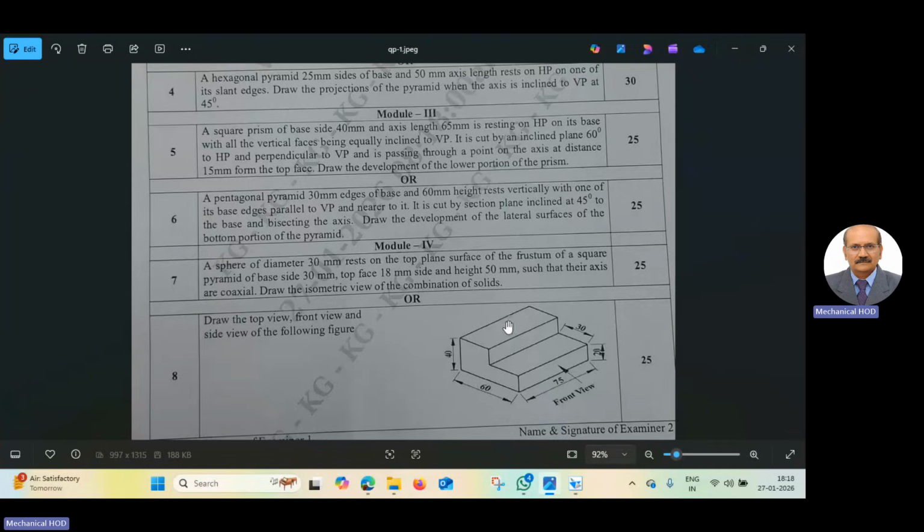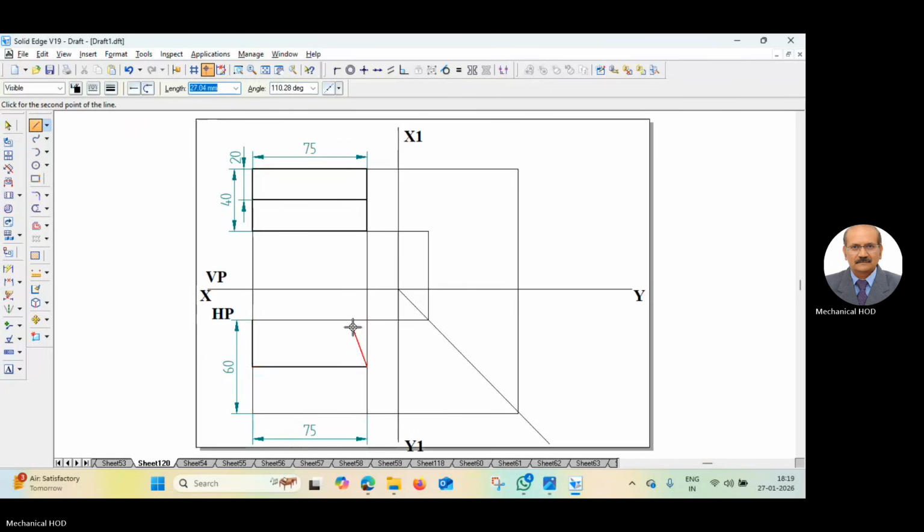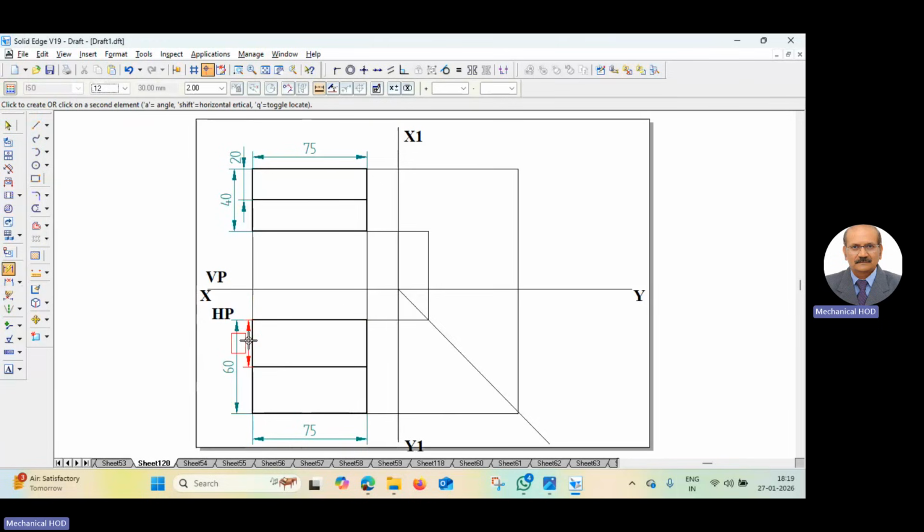We see this is one rectangle, this is another rectangle, and the width of the rectangle is 30 mm each. So from the midpoint, draw one line. So this is 30. Now this rectangle is 30.